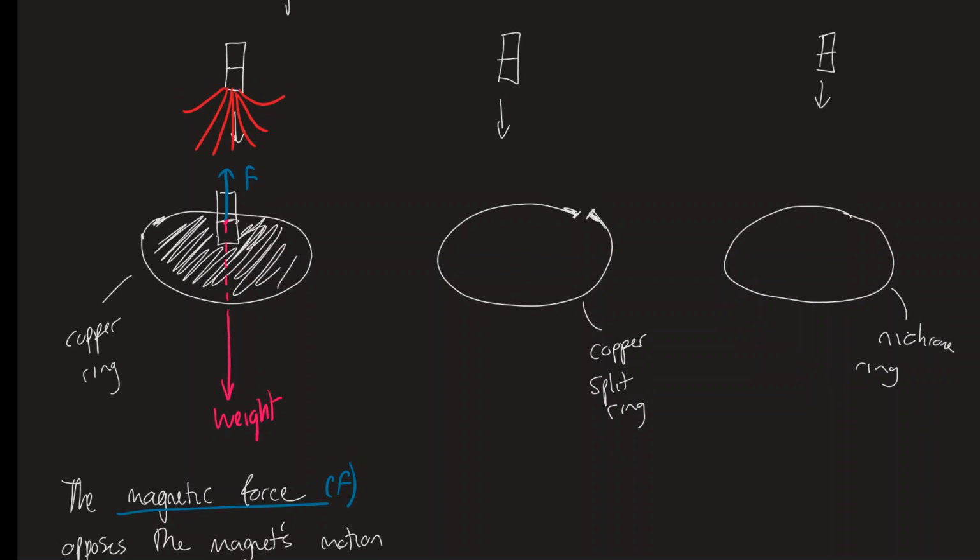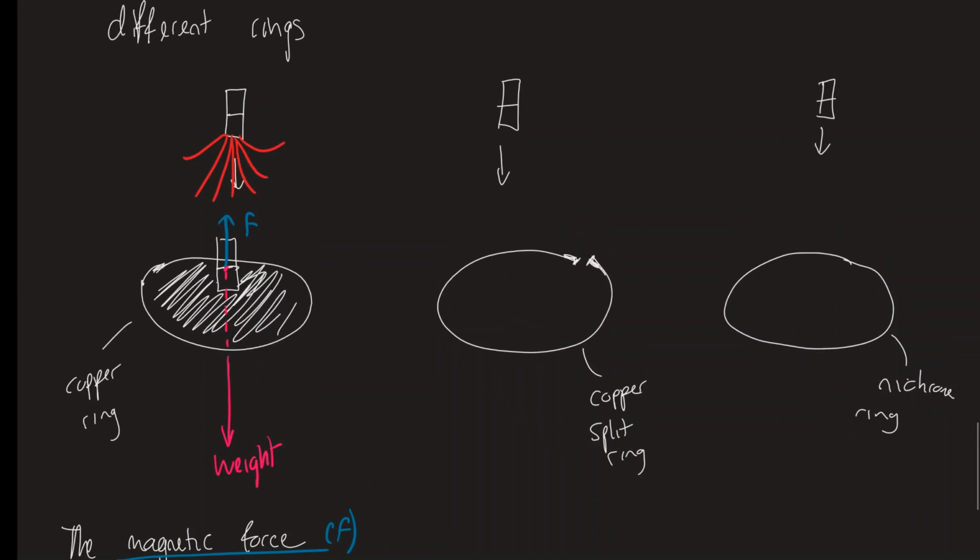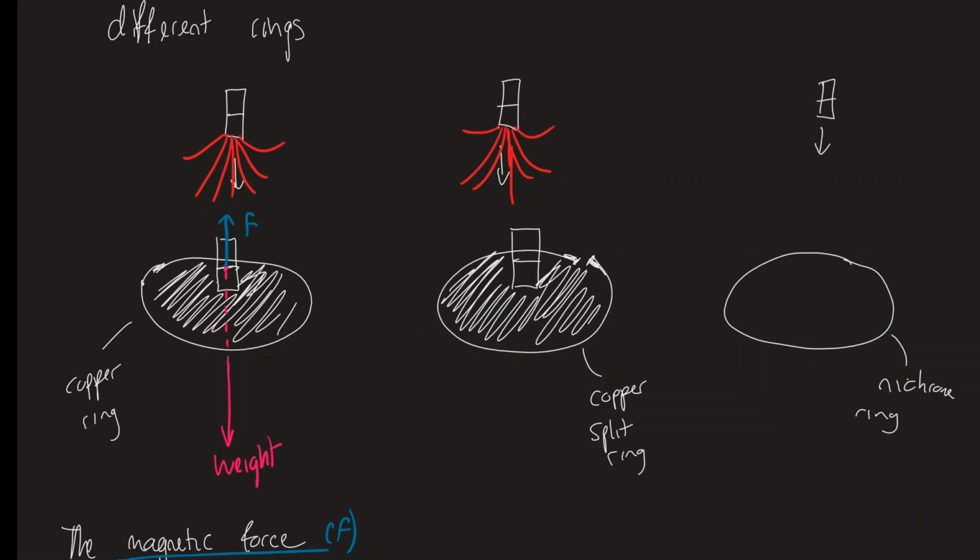In the second case here, the one with the split ring, the one in the middle, an EMF is induced. It's got to be induced because the flux through the ring is going to change significantly. Almost none of the flux is passing through the ring to start with, but once the magnet is really close to the ring, practically sitting on top of it, right there on top of its plane, all of its flux is going through.